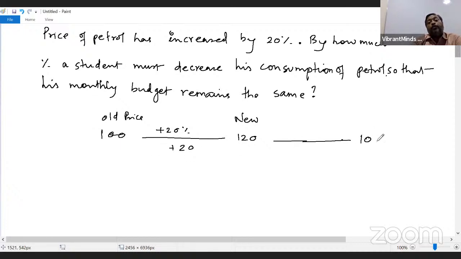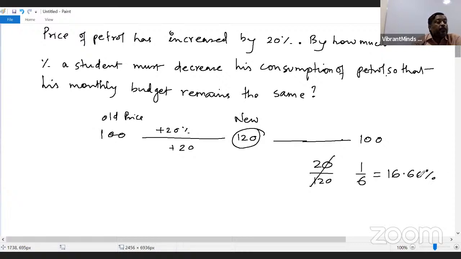So he will use the same amount, 100 rupees. So how much less petrol he will get now? Because it is 120 rupees per liter, he will get petrol of rupees 20 less. And the base for calculation is how much? 120. So 20 by 120, it means what? 1 by 6. And I have already given you 1 by 6 is what? 16.66%.